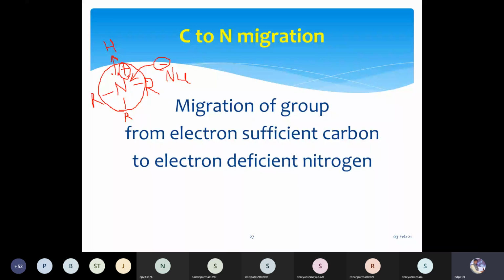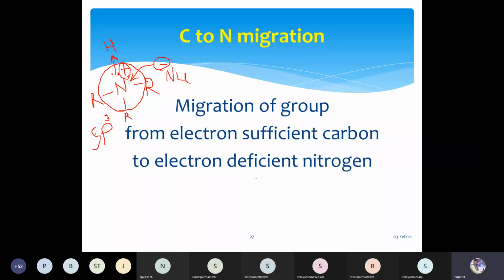And nitrogen has sp3 hybridization only, remember always. It means nitrogen can form only 4 bonds. Out of 4 bonds, 3 are covalent bonds and 1 is a coordinate covalent bond.